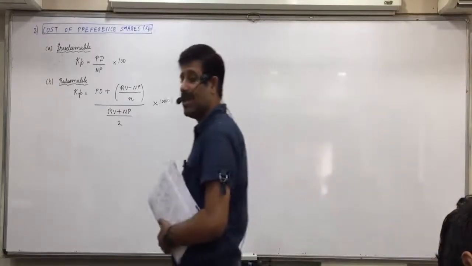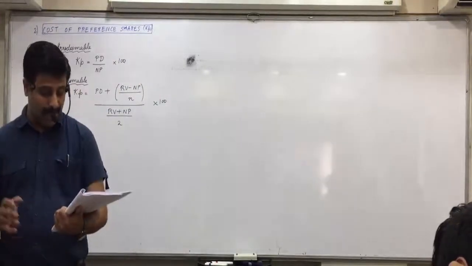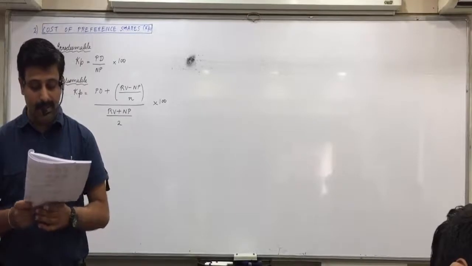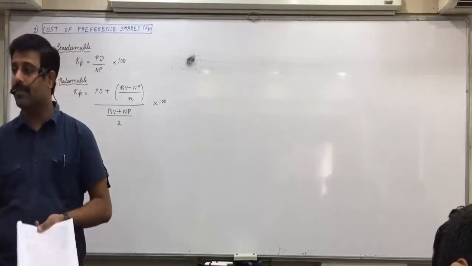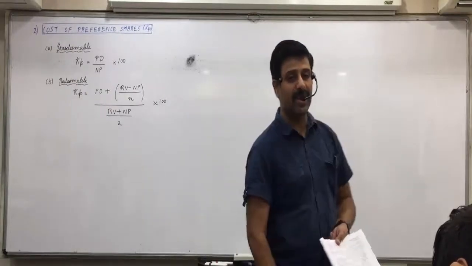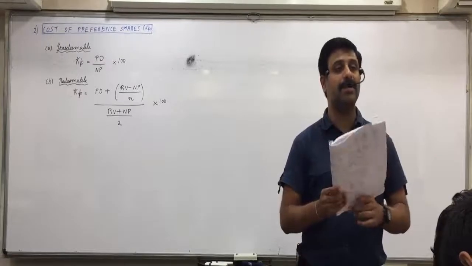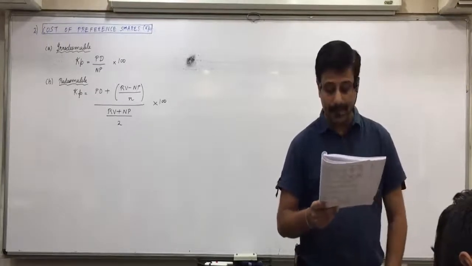I told you yesterday, interest and dividends will always be counted on face value. So 10,000 preference shares of 100 each means the face value will be 10 lakhs. And 10 lakhs at 10% dividend will be 1 lakh.